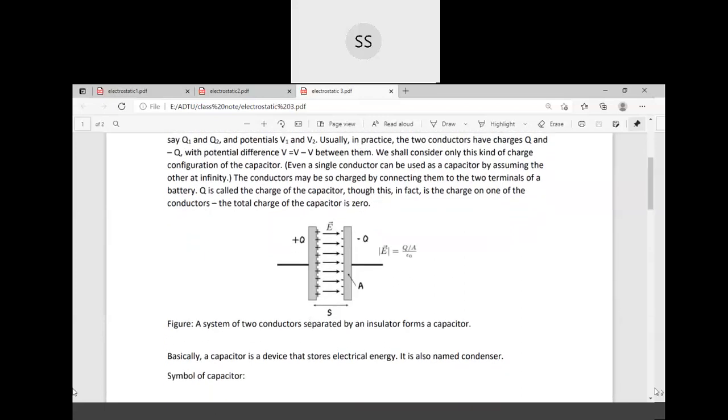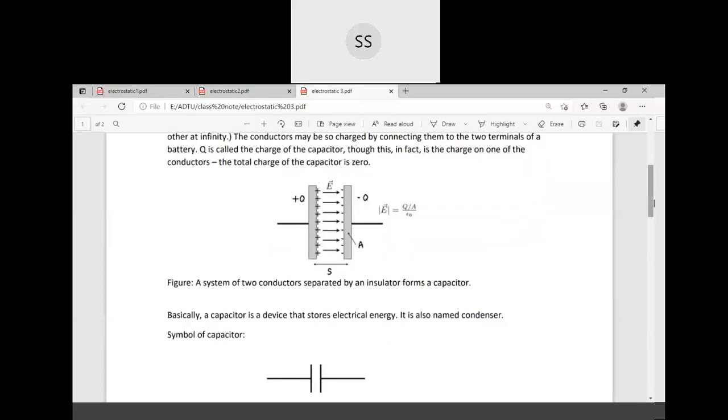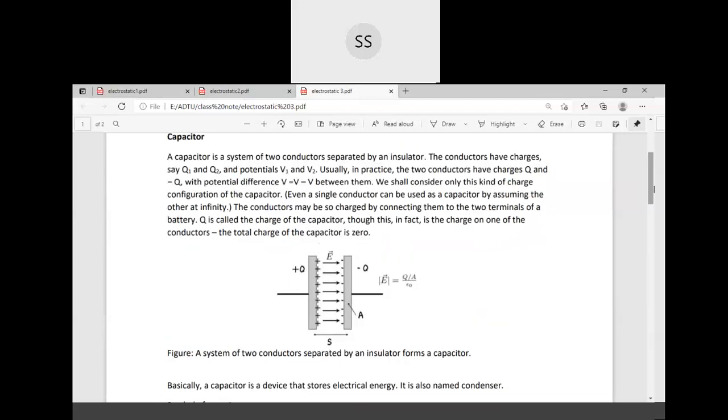So basically a capacitor is a device which stores electrical energy. In a capacitor there are two plates, one is the positive plate and the other is the negative plate, and they are separated by an insulator.